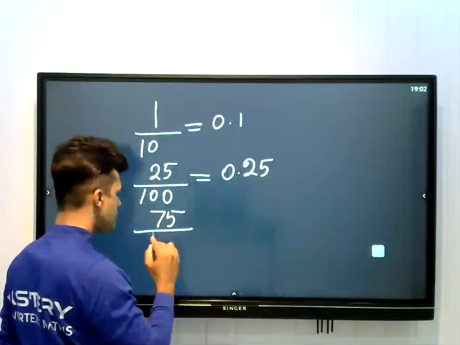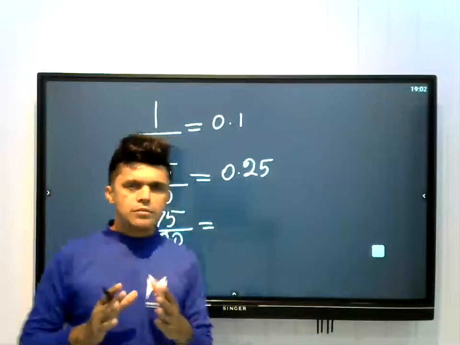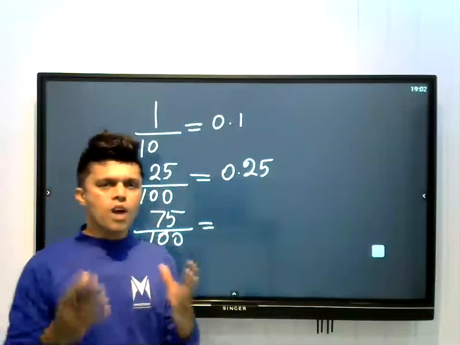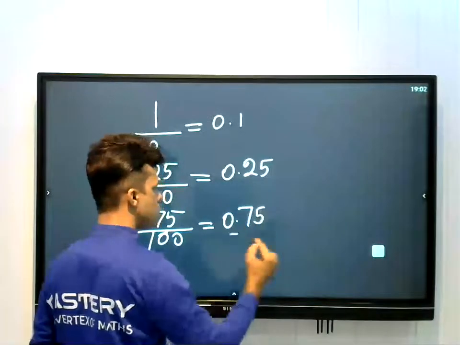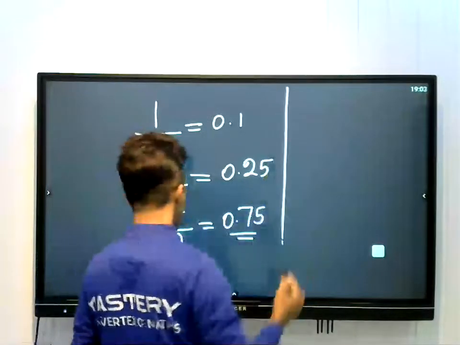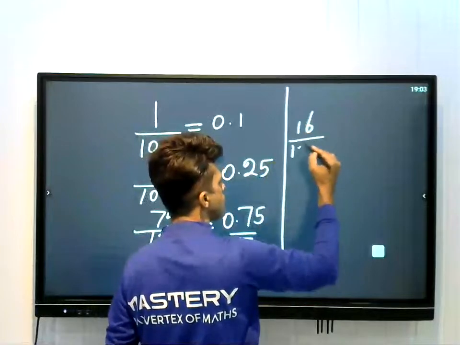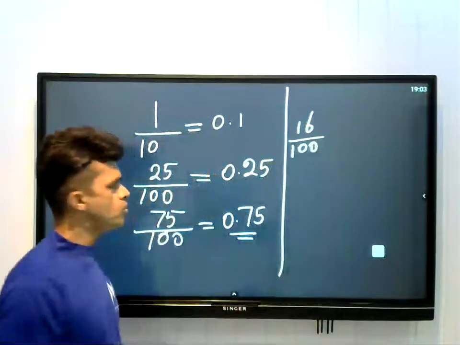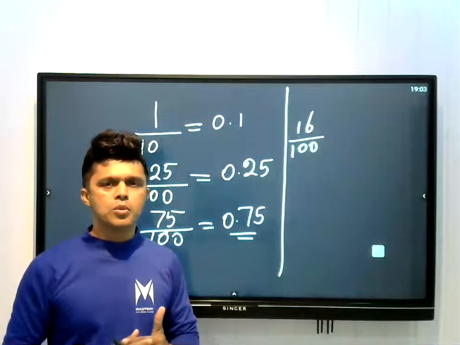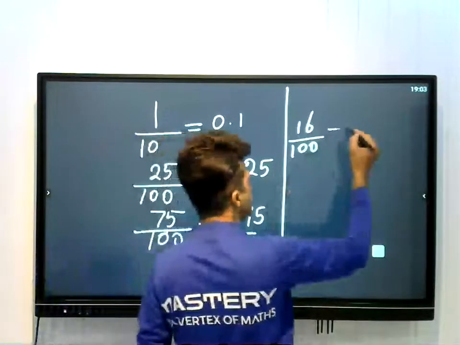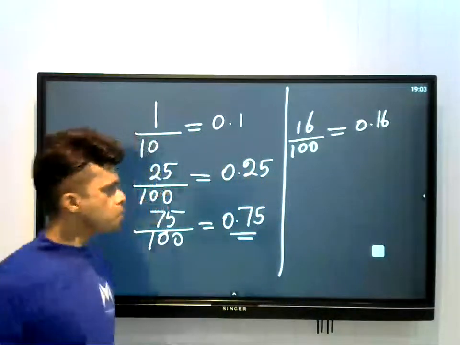75 over 100. How can you write this fraction as a decimal number? 75 over 100 means 0.75. Then how do you write this one? 16 over 100 equals 0.16.